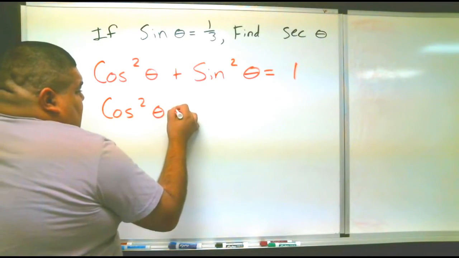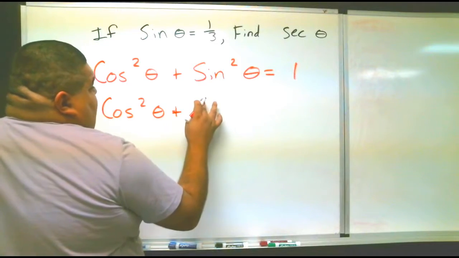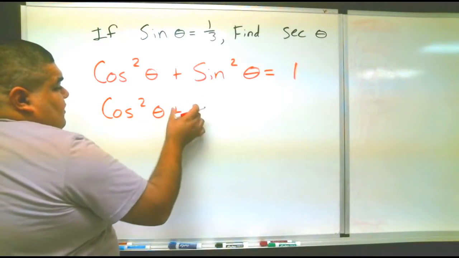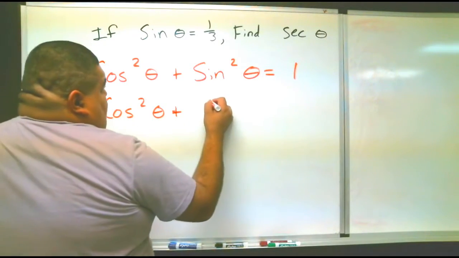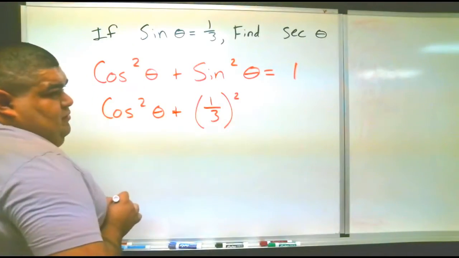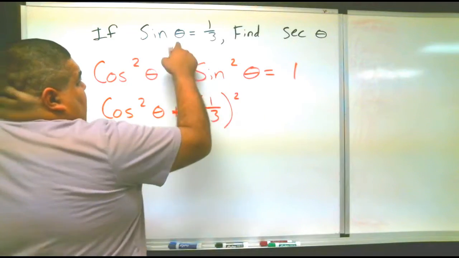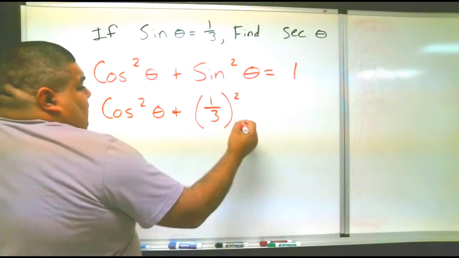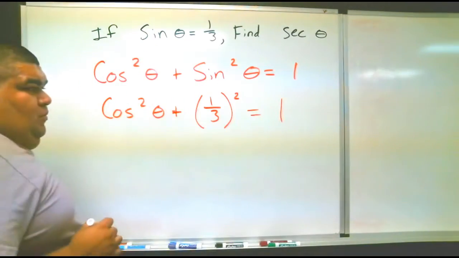squared theta plus, instead of sine, we can say 1/3 squared, keep the square because sine theta squared is what we really need, equals 1.